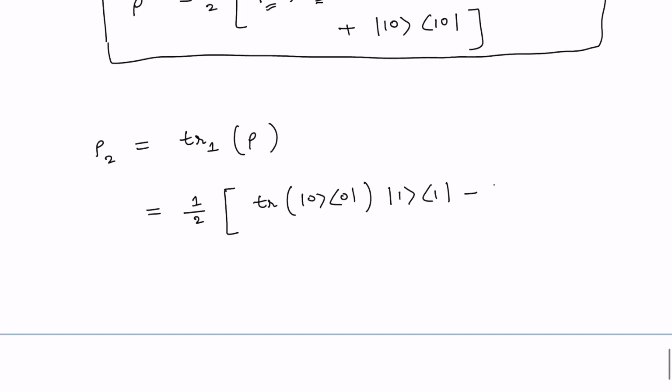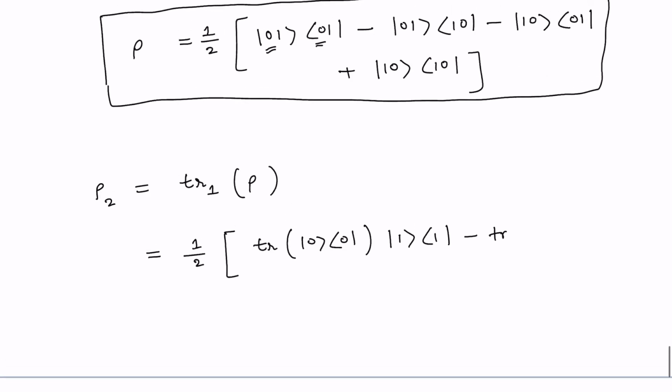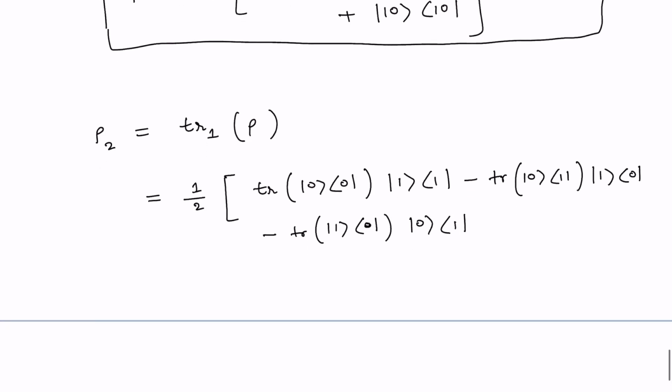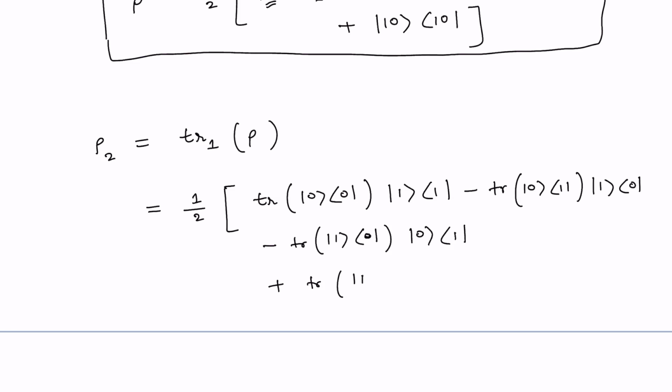Then in the second term you will have ket 0 bra 1, and for the second qubit you have ket 1 bra 0. For the third term you will have ket 1 bra 0, and for the second qubit you are going to get ket 0 bra 1. And finally, from the last term you have trace over ket 1 bra 1 and ket 0 bra 0.